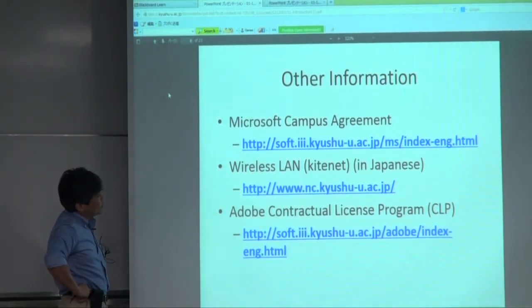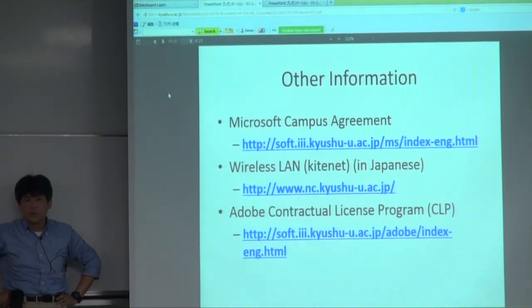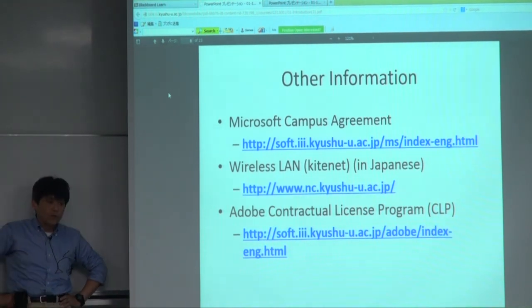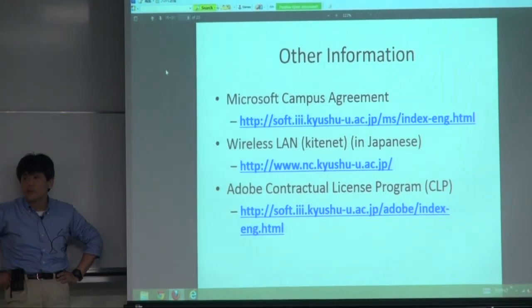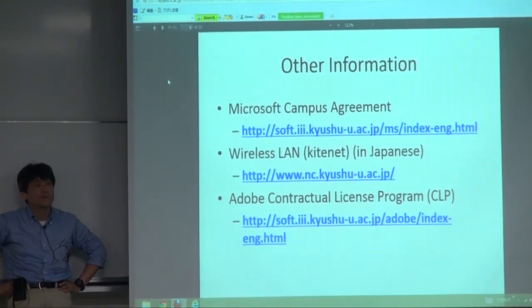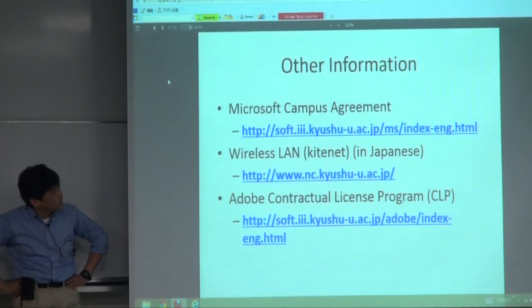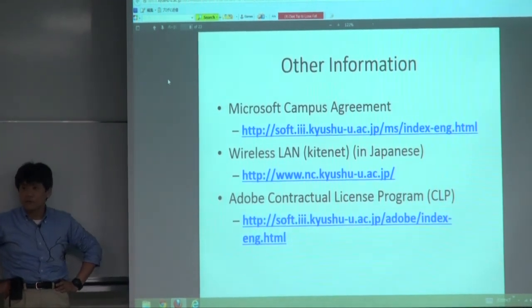Finally, I have to introduce some information about the information system of Kyushu University. As you may know, Kyushu University has a contract with Microsoft, so you can use Microsoft Office without any payment.